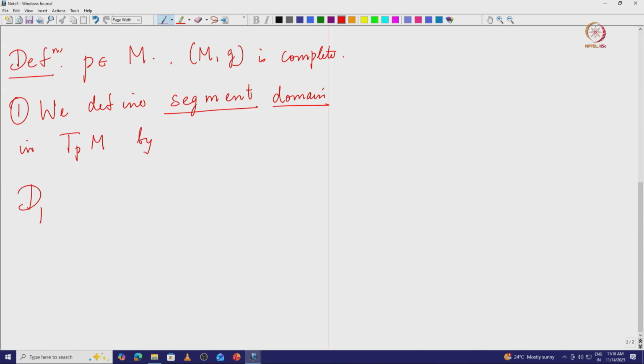It is denoted by D_p tilde. This is basically the union over all unit tangent vectors theta of t times theta, where t is strictly smaller than t theta.